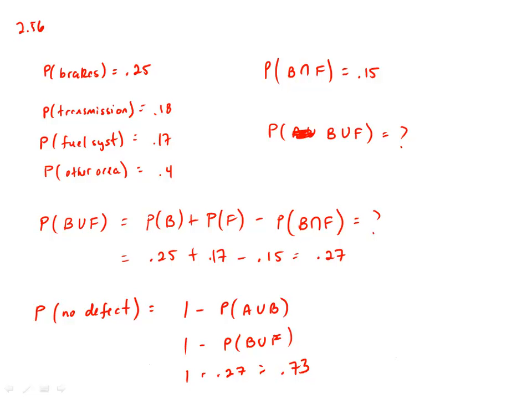The question is that there's no defect on the brakes or the fuel system. So we know the probability of having the union of the two, so what you do is just look at the complement of that probability.